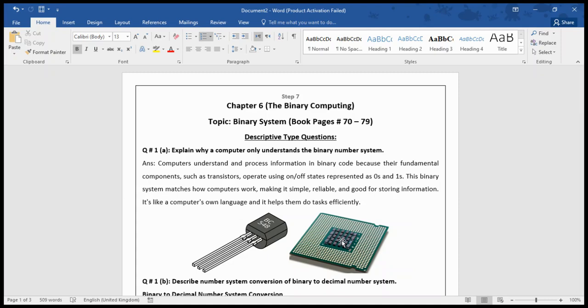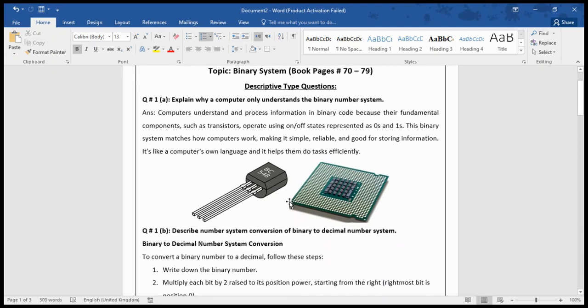That is the reason computers process data and information so quickly. The more transistors, the more efficient the computer is, and the more it can perform multiple tasks and do multitasking.